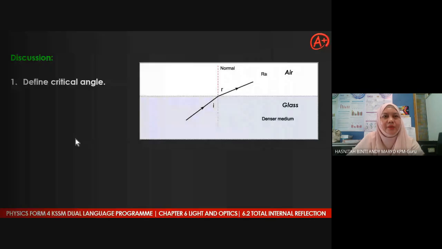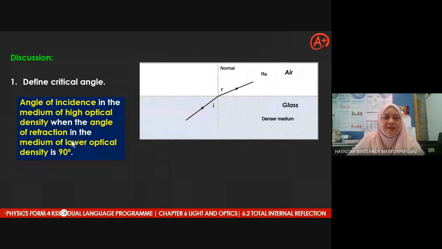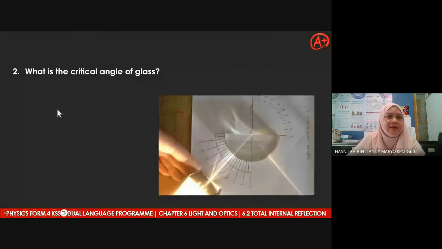Now we go to the next slide, which is to write the critical angle of the glass. What is the critical angle of glass according to this experiment, students? The critical angle of the glass is 42 degrees. Actually, I took this screenshot a bit late.